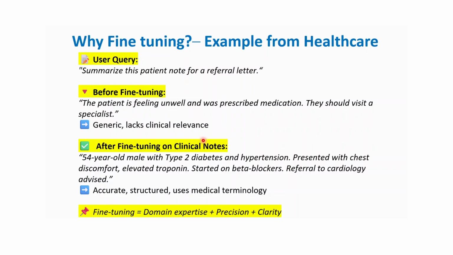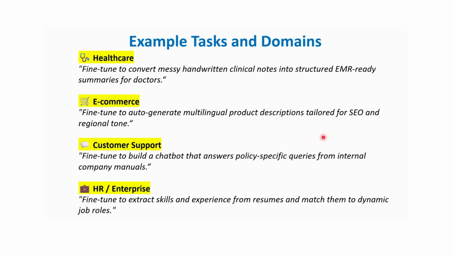After fine tuning with clinical notes, it will have the technical details and it will answer the query elaborately. That's what fine tuning does to a large language model. Fine tuning is primarily making it a domain expert, plus we are increasing the precision and clarity in the answer. Because it knows the domain, it is able to answer very well. That's what it means.